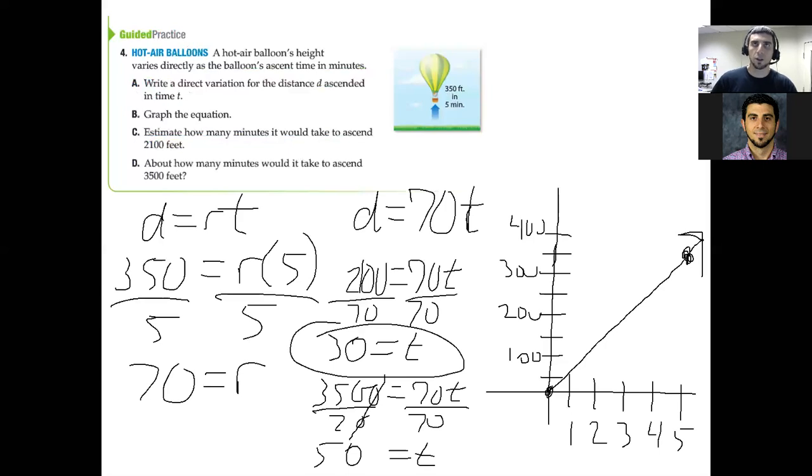Basically, when you're chopping off zeros, you're reducing by a factor of 10. So if you take off 1 zero from each, it's like you're dividing the numerator and denominator by 10. If they had 2 zeros in common and you chop both of them off, that'd be like reducing it by a factor of 100. So this means that it would take about 50 minutes for the airplane to ascend 3,500 feet.